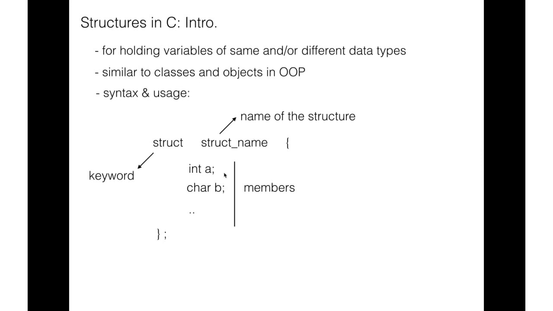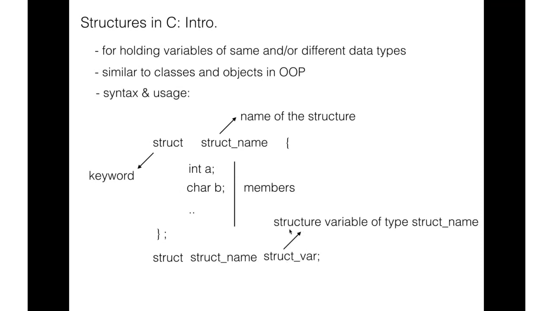To create a structure variable of this structure, we type struct name, and the structure variable name. Struct_var is the structure variable of type struct_name.